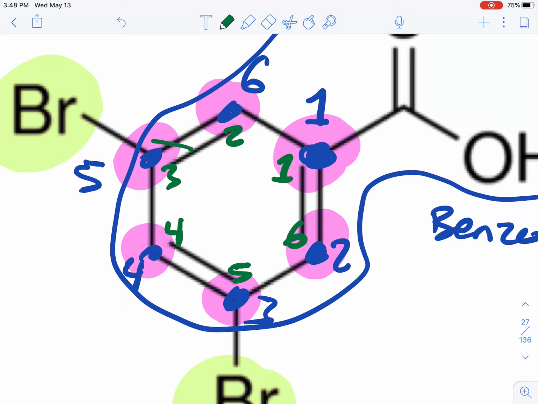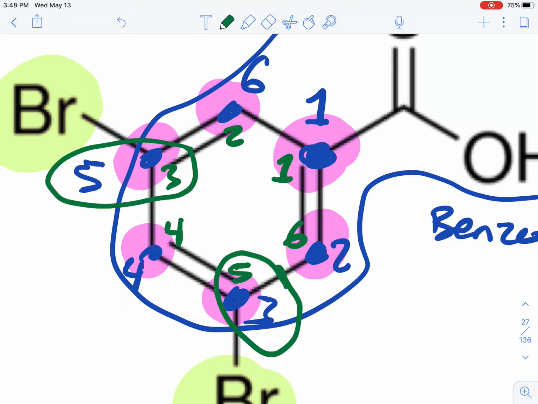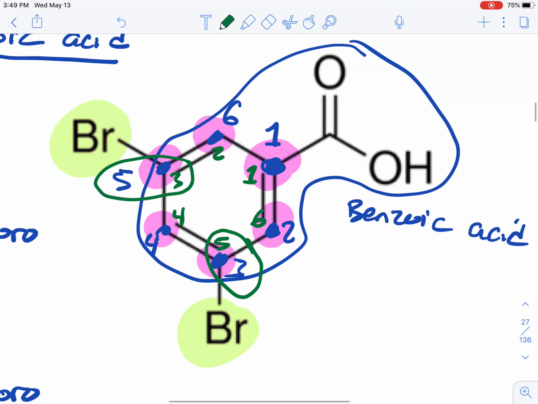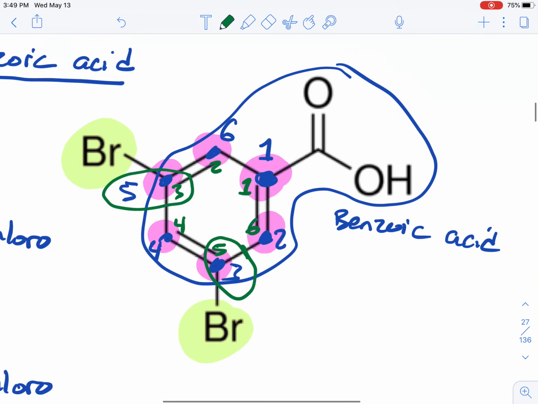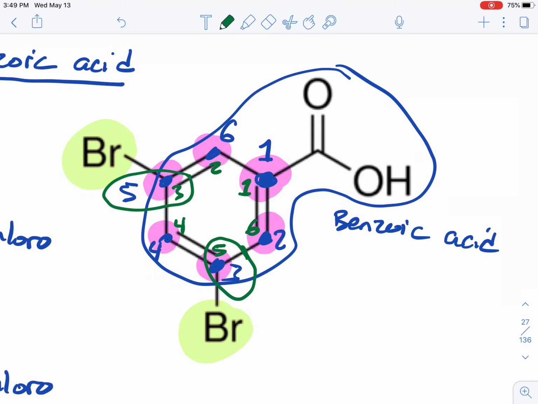Looking at our numbers, I have 3 and 5. I also have 3 and 5. Because I have 3 and 5 for both these bromines, it doesn't matter which way I number my carbons on my parent chain. Another way you can recognize this is the symmetry of this molecule.